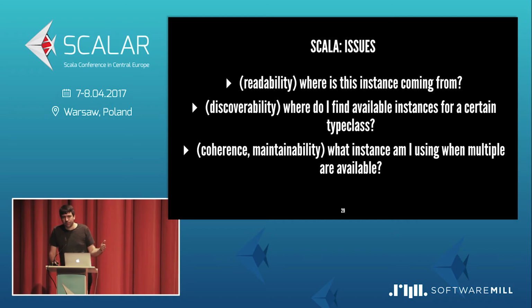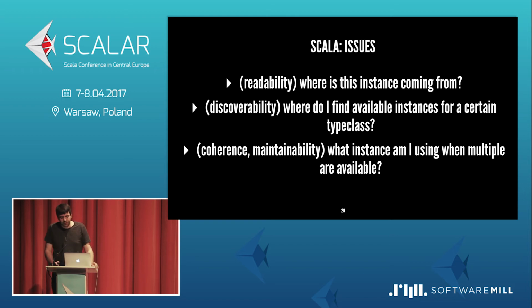Same reason, but how do we know which instances are available in our code, in our libraries for our type, if we don't know exactly where to look? And finally, coherence and maintainability. So, because you can have multiple instances, how can we tell which one is being used and what happens when we move code around? And we're going to go look at those in depth in a second.